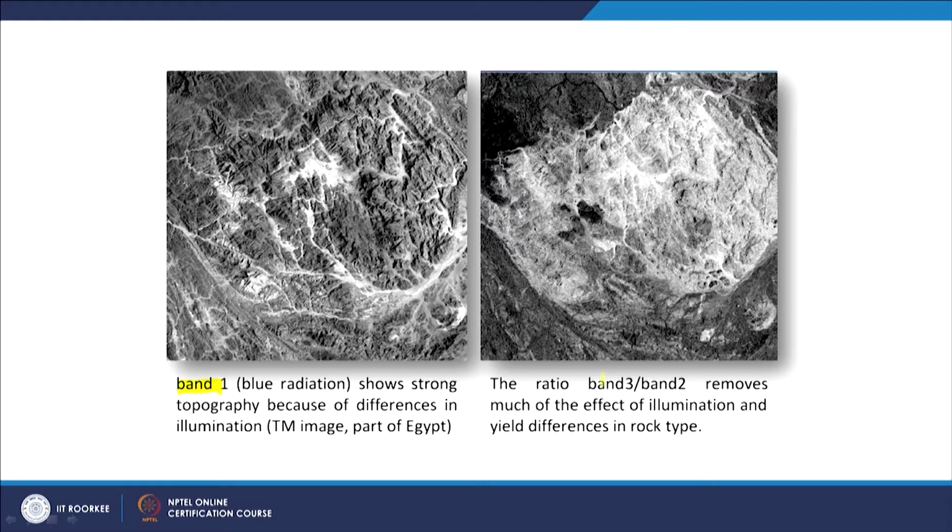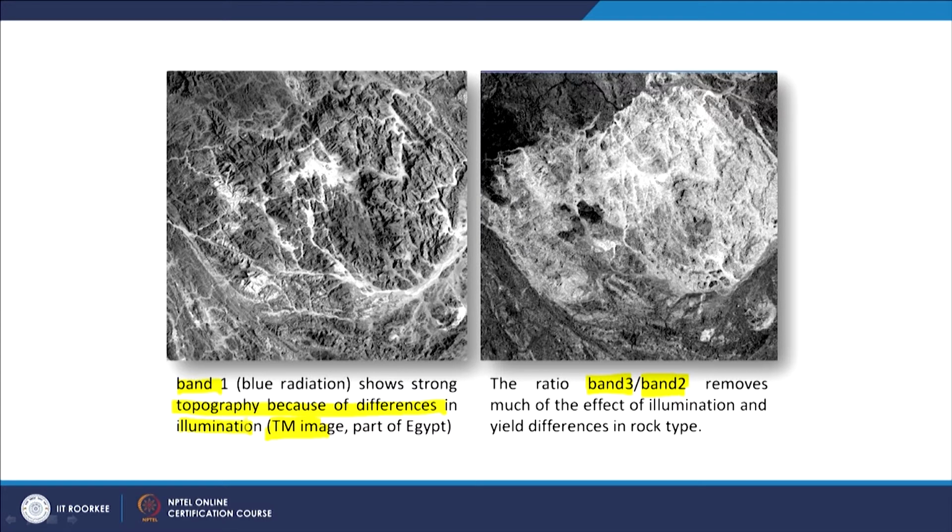But when I create a band ratio between band 3 and band 2, this is an example from Landsat TM, I clearly get a distinct unit in the band ratio image, which is not possible in band 1 because the topography does not allow us to see much difference in the two litho units.